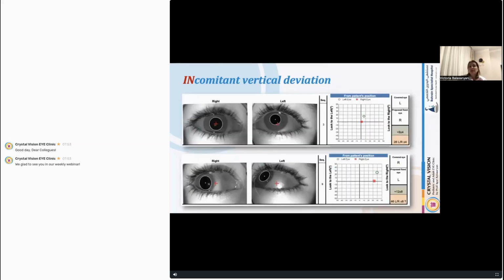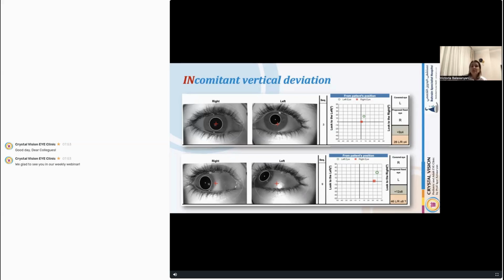Then we perform cover tests and determine the difference between the amount of vertical deviation in primary gaze position and in maximal aided action. As you can see on the graph, when the left eye is closed and looking straight ahead, the left eye deviates upward to 28 prism diopters, which corresponds to 16 degrees.